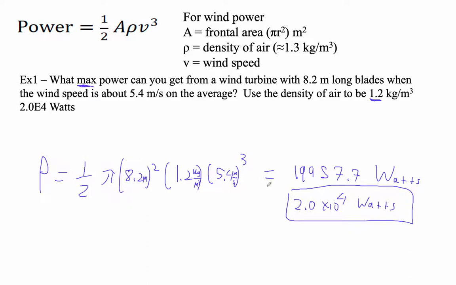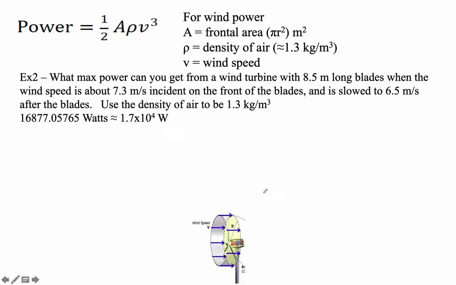Let's look at another type of problem that you'll see. That's when they tell you that the air is 7.3 meters per second, but it's slowed to 6.5 meters per second by hitting these blades. What we're going to do is power in minus power out.